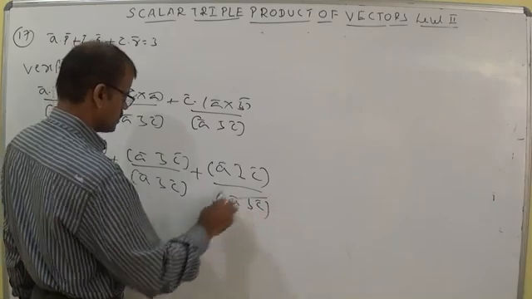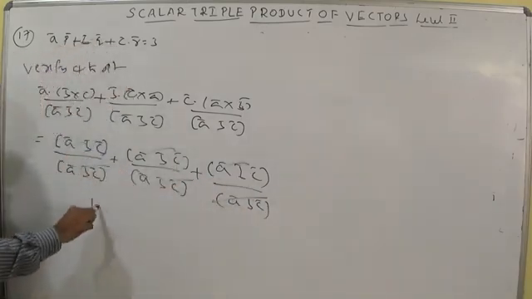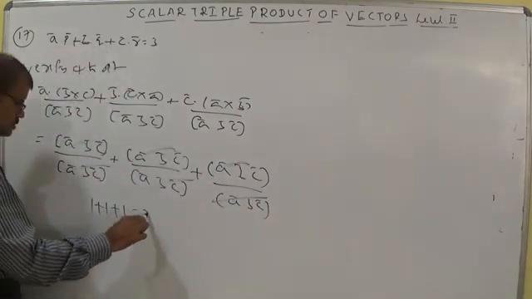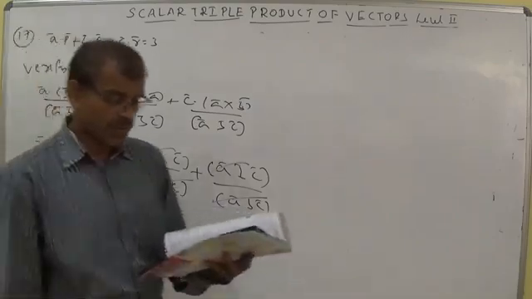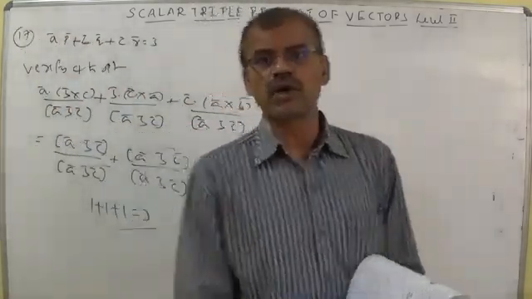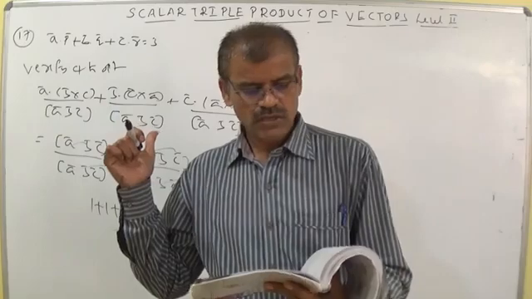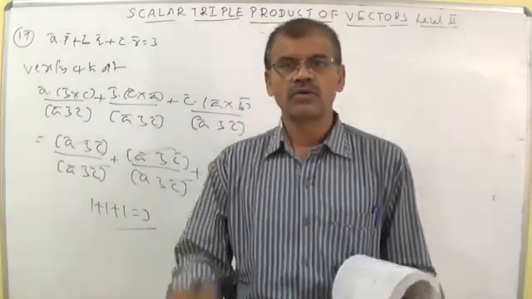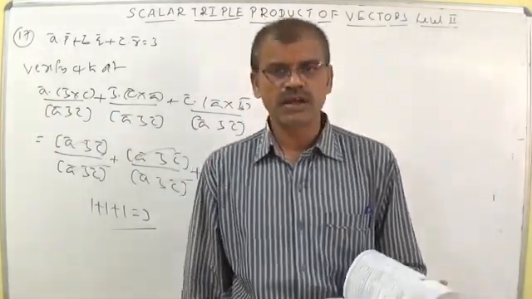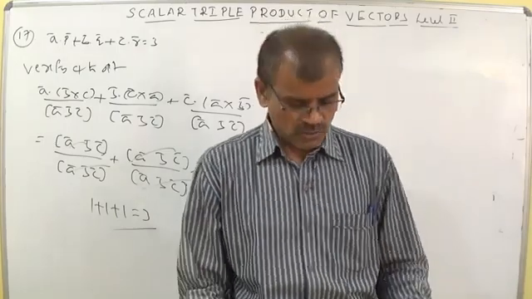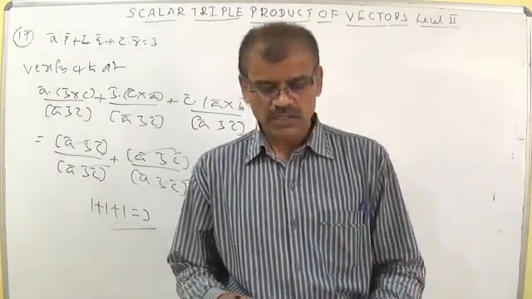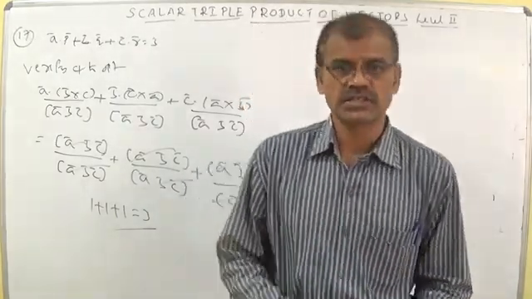So the box ABC terms cancel, and 1 plus 1 plus 1 becomes 3, because we used the reciprocal system like this. Until now we have completed module 2 classwork, a total of 17 sums. Let us discuss module 3 in the next class.